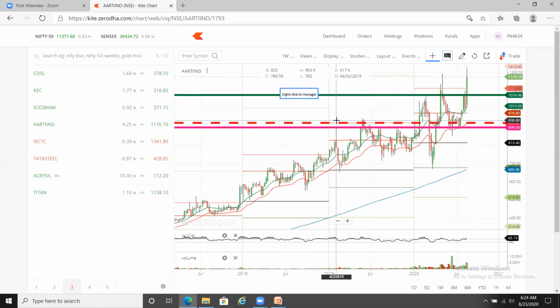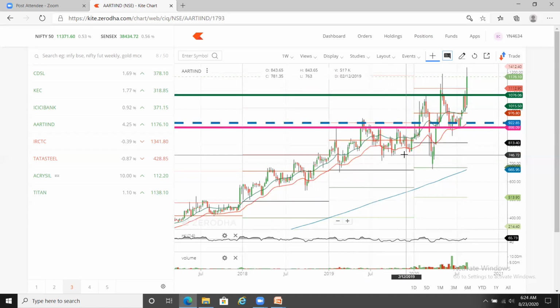you can see that on weekly charts there are multiple resistances it faced. I'll give you examples, like during 4th of Feb week, then again 20th of May, then multiple times in August as well.